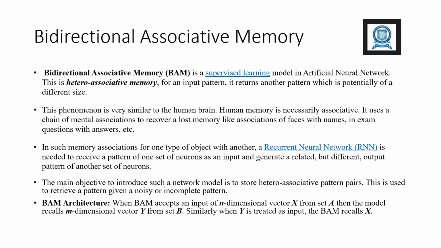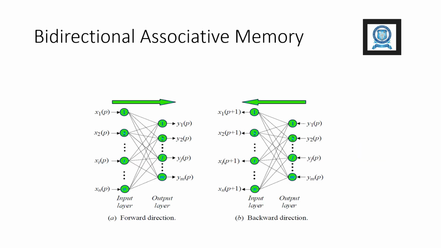BAM architecture. When BAM accepts an input of n-dimensional vector x from set A, then the model recalls m-dimensional vector y from set B. Similarly, when y is treated as input, the BAM recalls x. Here in this slide, the diagram for bidirectional associative memory is given.